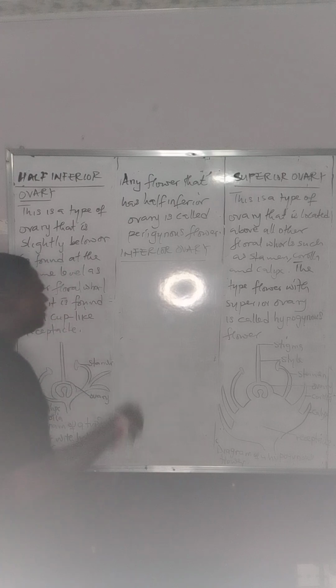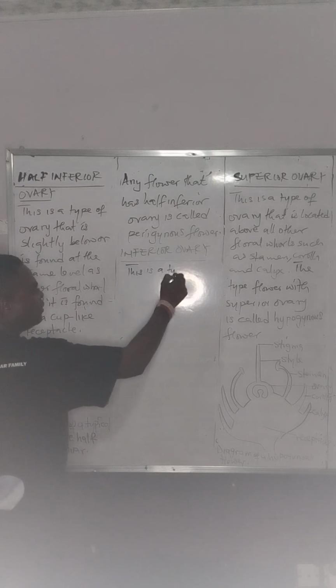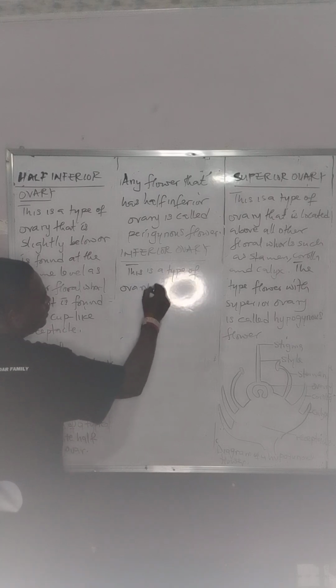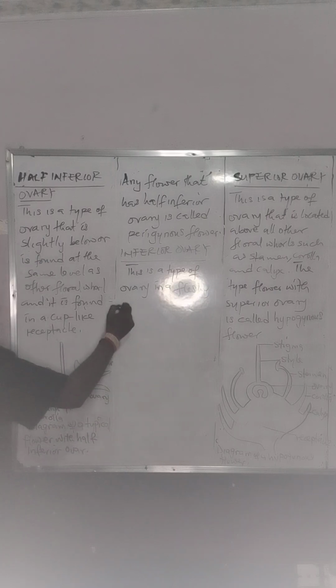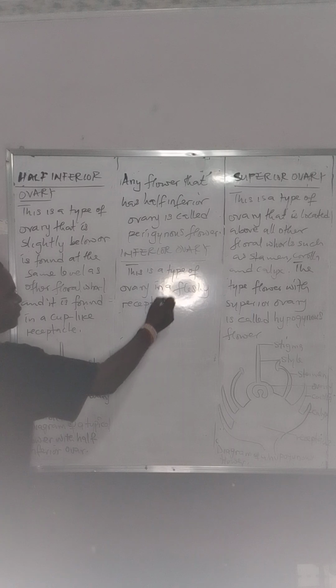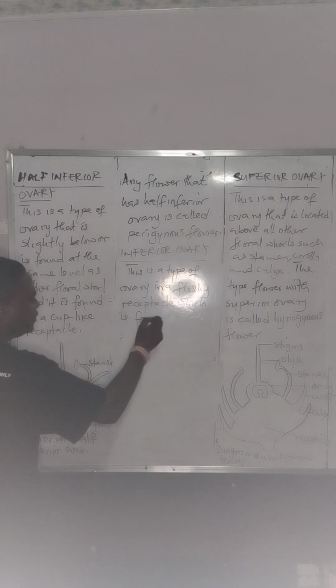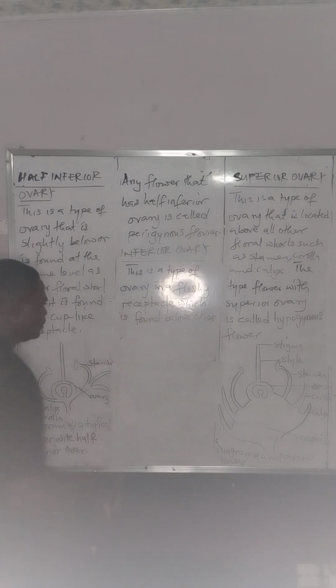Inferior ovary. Now, this is a type of ovary in a fleshy, take note, receptacle, which is found below other floral whorls.